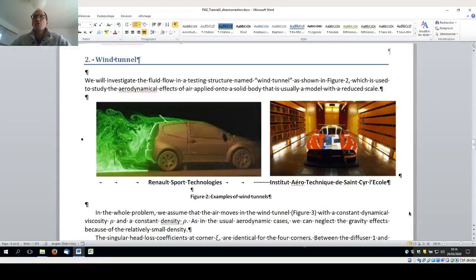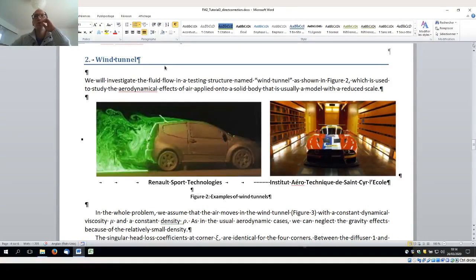So for this second exercise, you will treat the problem of the wind tunnel.